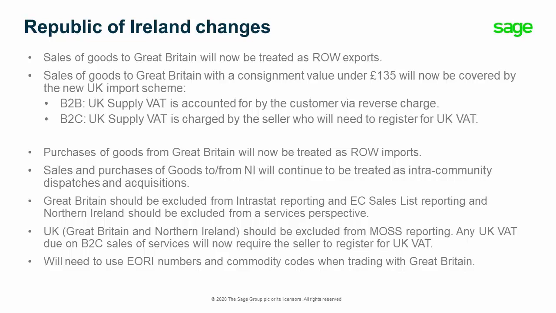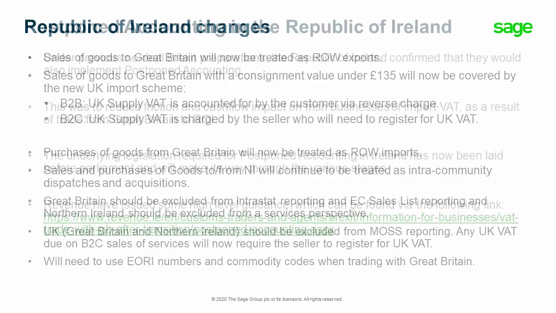Great Britain should be excluded from Intrastat reporting and EC sales list reporting, and Northern Ireland should be excluded from a services perspective. The UK, so Great Britain and Northern Ireland, should be excluded from MOS reporting. Any UK VAT due on business to customer sales of services will now require the seller to register for UK VAT. And you'll need to use EORI numbers and commodity codes when trading with Great Britain.